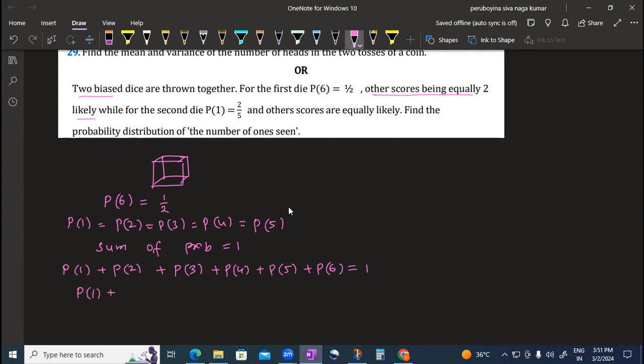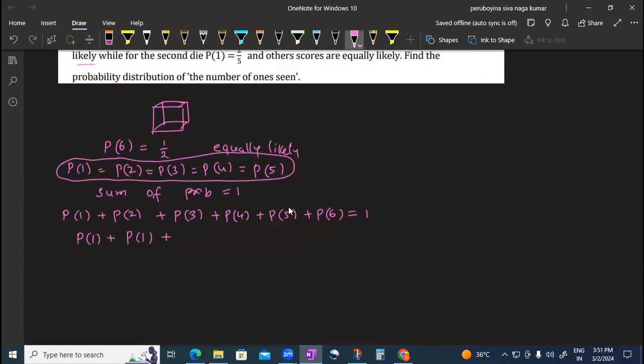We keep P of 1 as P of 1, and P of 2 as P of 1 too, because he said the remaining events are equally likely, meaning the probability values are the same. So P of 2, P of 3, P of 4 and P of 5 can all be written as P of 1. But P of 6 was given, 1 by 2.